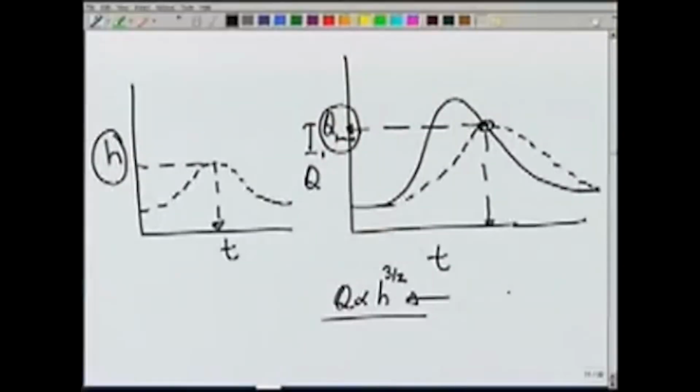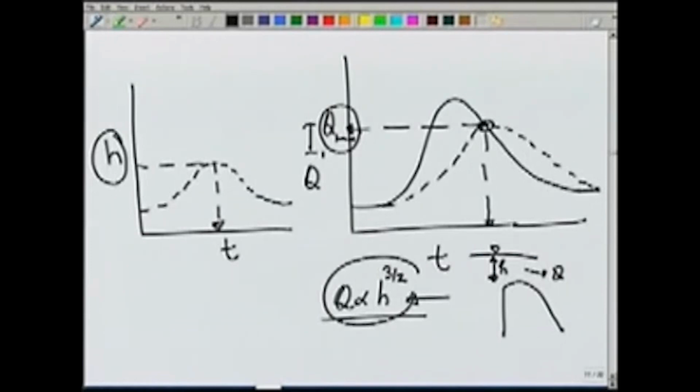So, in that case the spillway would be like this: the discharge through the spillway will be proportional to 3 by 2 power of H. So, the discharge will be maximum when the head is maximum.